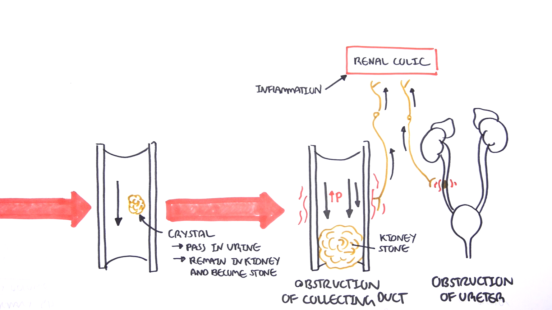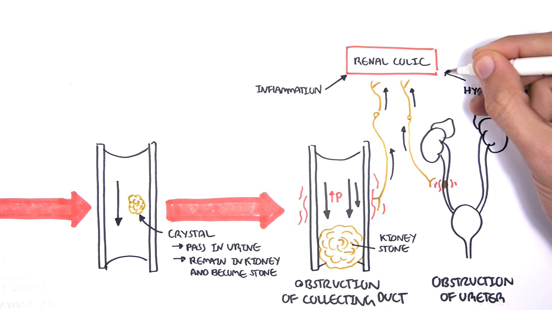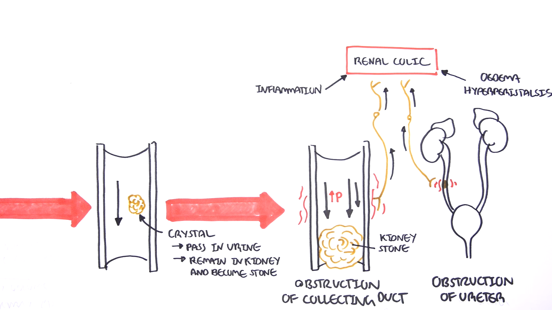With this increase in pressure proximal to the site of obstruction, and with the irritation going on, edema can occur, and the ureter will contract more vigorously, trying to push the stone out. This is called hyperperistalsis.